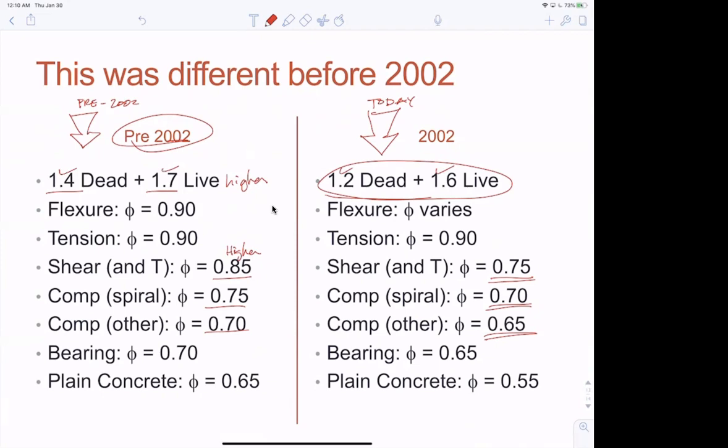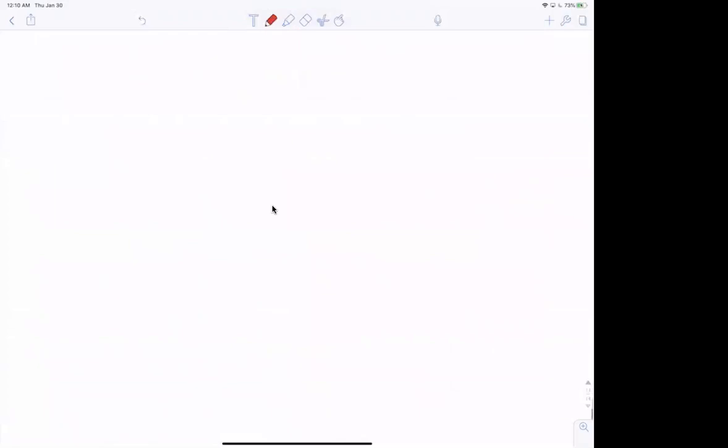Finally in 2002, because these numbers here I think are from 1973 on, or 71 or 73, the concrete people fessed up and changed it to what we have now, with the real load factors and lower reduction factors. So that's that for safety, and we'll continue with other lectures.